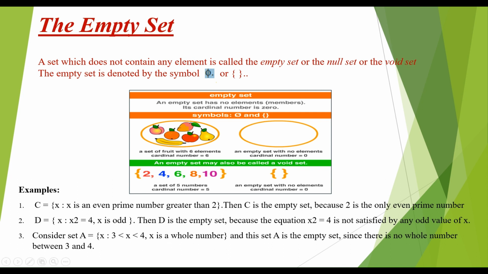Now you tell me, is it an empty set or not? Yes, set A is an empty set, because there is no whole number between 3 and 4. So it is a null set. I hope you have understood this with examples.